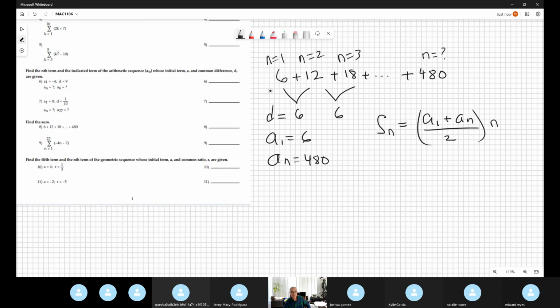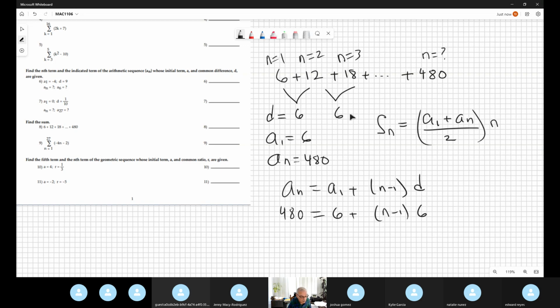Therefore, I use my famous formula, A sub n is equal to A1 plus n minus 1 times d. Everything is given in that case. This is 480. This is 6. This is n minus 1, n is unknown. And the common difference is 6. Okay, let's do it. Multiplication, in this case, is 400.